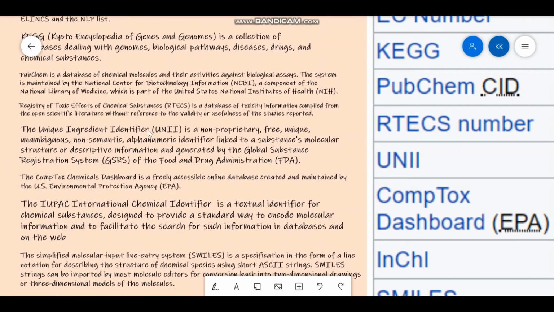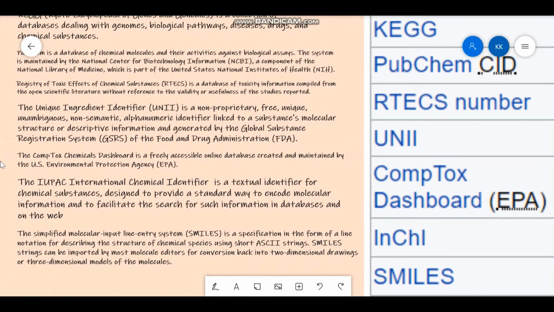The Unique Ingredient Identifier is a non-proprietary, free, unique, unambiguous, non-semantic, alphanumeric identifier linked to a substance's molecular structure or descriptive information and generated by the Global Substance Registration System (GSRS) of the FDA, which is the Food and Drug Administration. Next, we have the CompTox Dashboard, which is maintained by the US Environmental Protection Agency. It is a freely accessible online database.